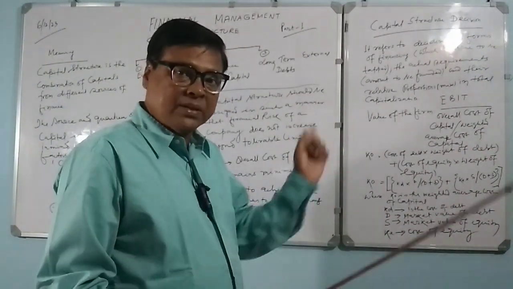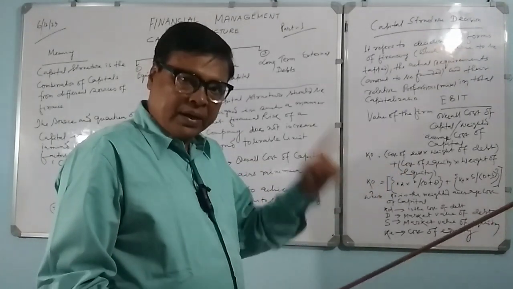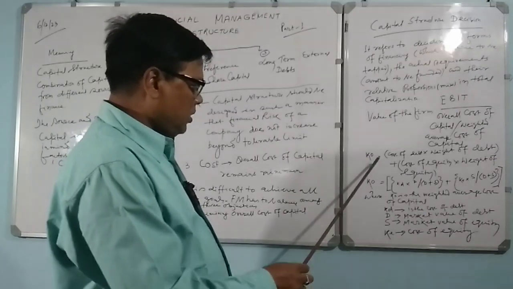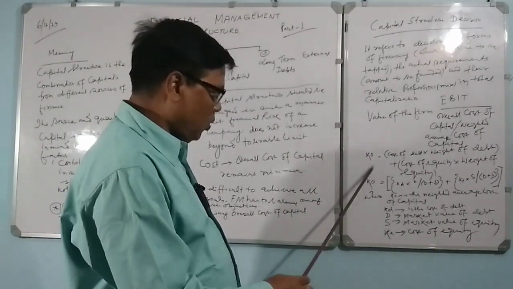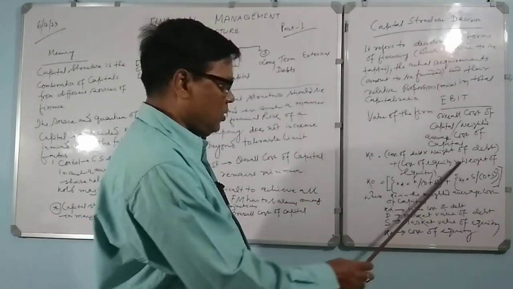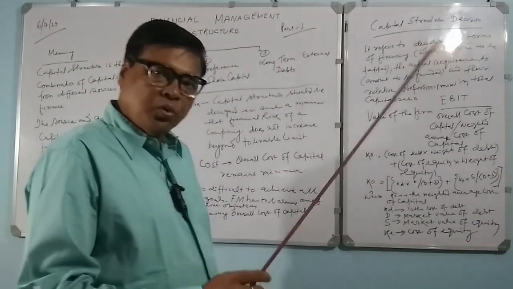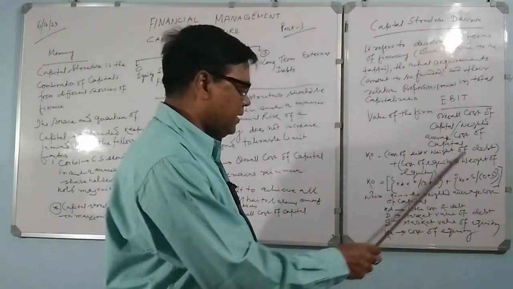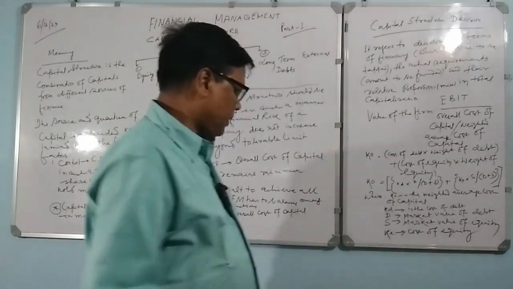So 60% into 8%, and 20% into 10%, are not the same. That's why overall cost of capital KO is cost of debt into weight of debt, plus cost of equity into weight of equity. Both basic costs are multiplied by their respective weights.